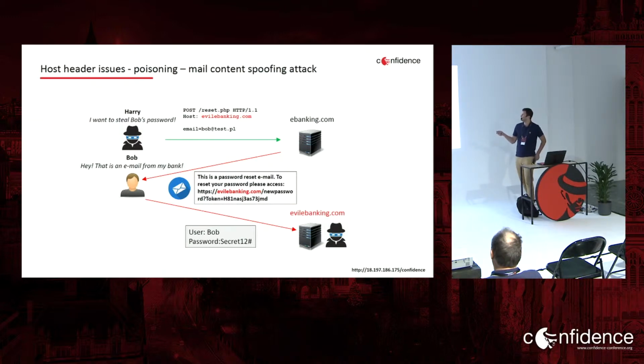So basically, the server will take this value and just paste it into the email. So the email will come from the legitimate mail server. However, the link will point the user to some malicious site, right? And in that case, if the user is unaware of what may happen, his credentials will be sent to the attacker.